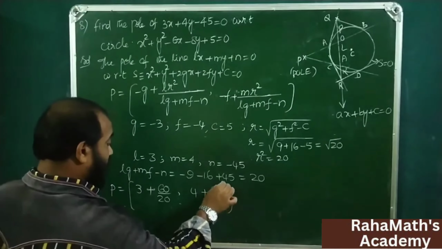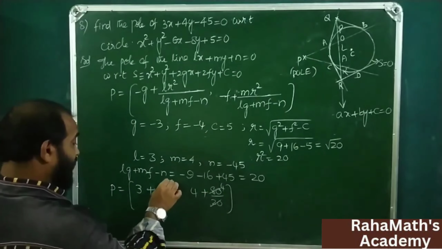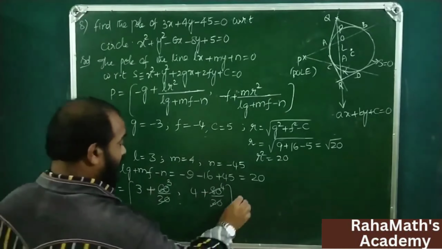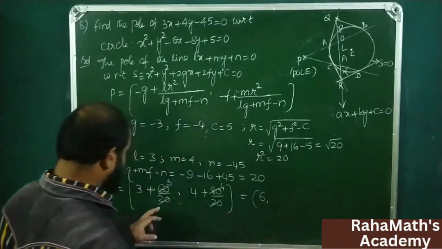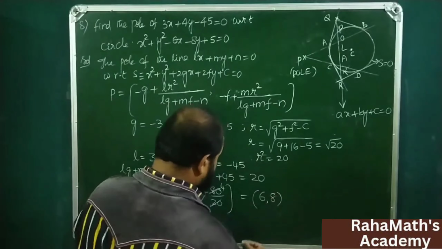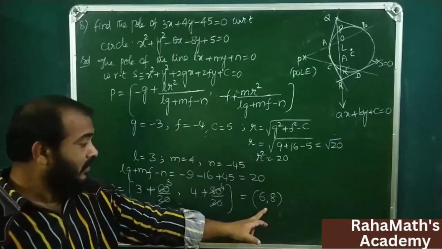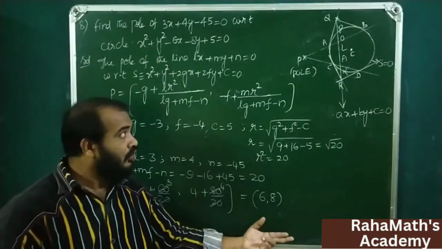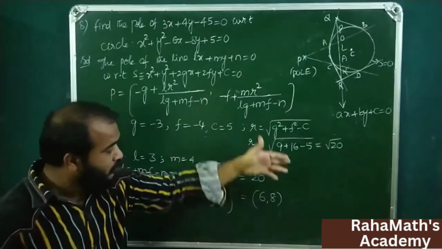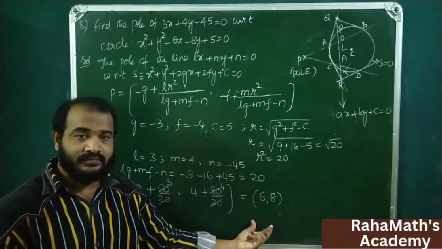So this is 3 plus 3, 6, comma, 4 plus 4, 8. This same thing we can do in another way also, which will be explained after this.